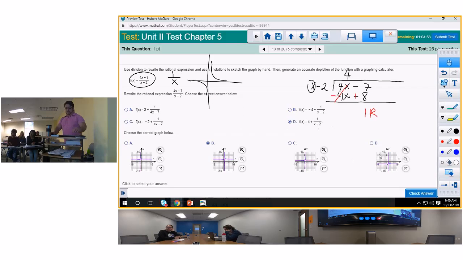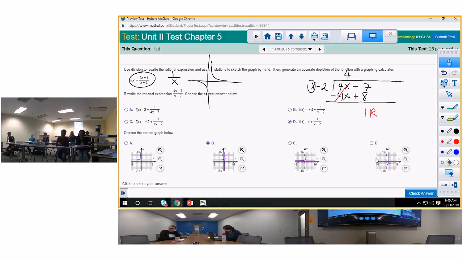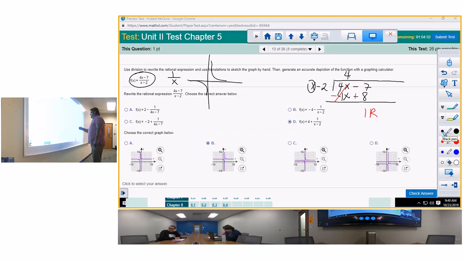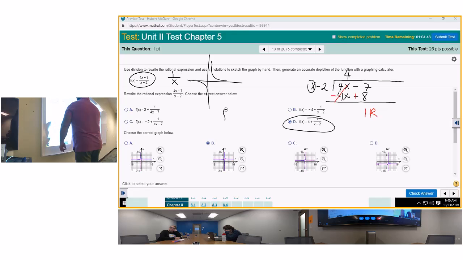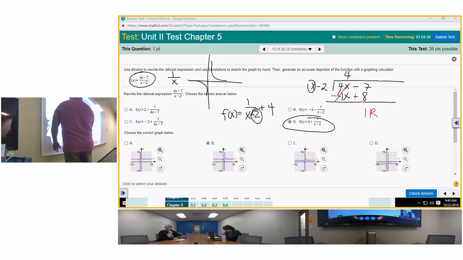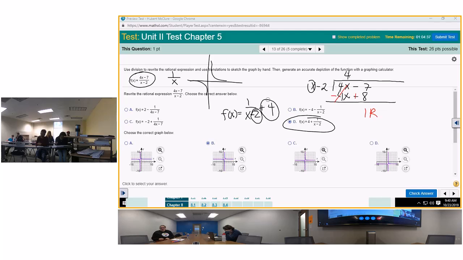Well, do this. And if you will do this, which I don't know why in the heck they do this, rewrite this, like you said, f of x is 1 over x minus 2 plus 4. And as you said, what is this? See? Why do they write it like this?